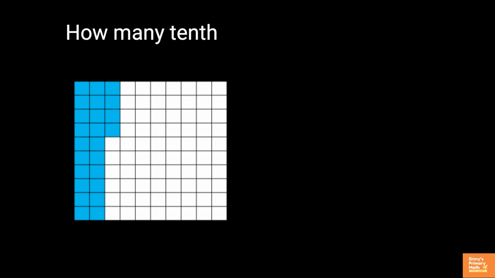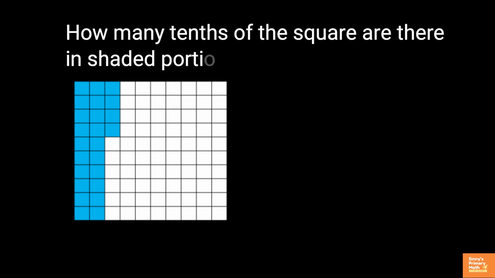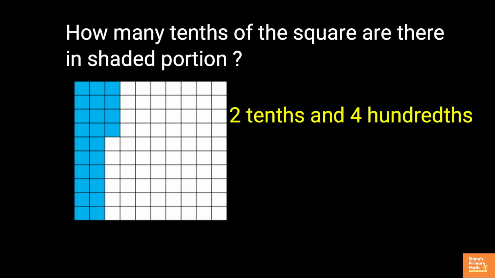Shade some portion of the square, say the portion corresponding to 24 hundredths of the square, and color it. Then ask children how many tenths of the square are there in the shaded portion. Here they identify the shaded portion as 2/10 and 4/100ths.